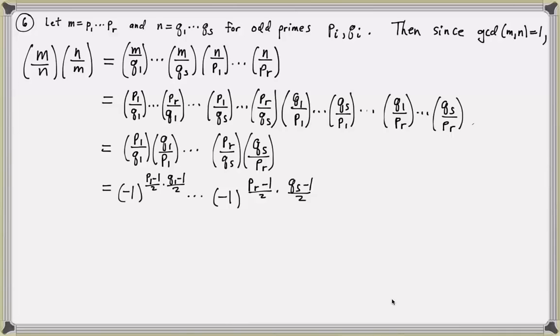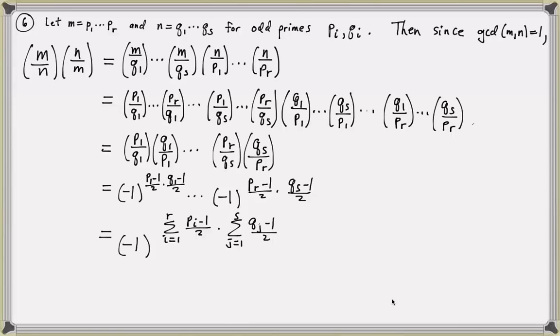And what we'll see is that I can rewrite this as -1 to the power the sum i equals 1 to r of the pi minus 1 over 2's times the sum j equals 1 to s of qj minus 1 over 2.